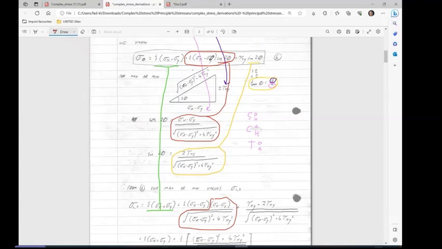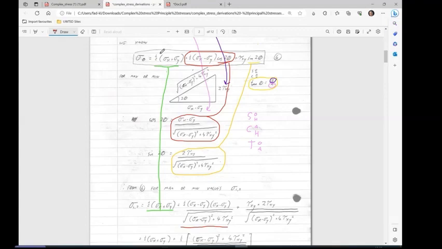So that term there, hopefully you can see that in its entirety is this term here. Okay, so that's that red term there. A half sigma x minus sigma y times by cos 2 theta, which is this lot.